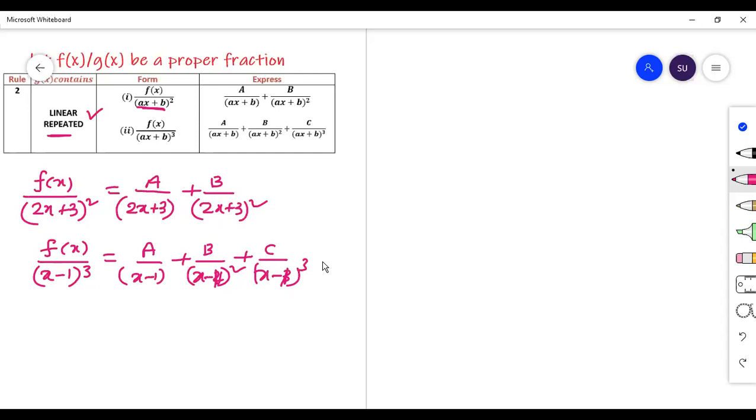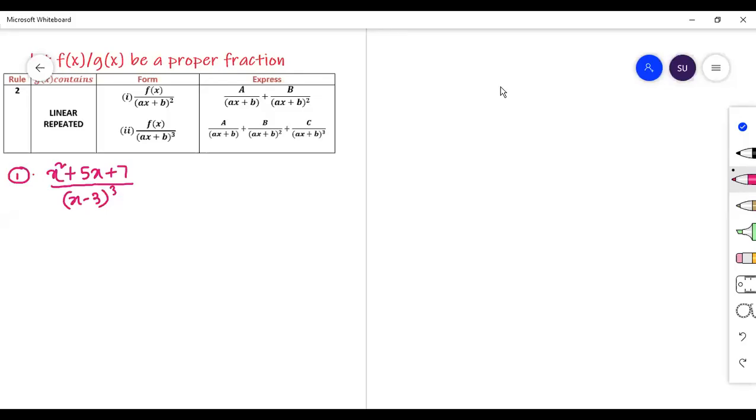So let us take an example and resolve it into partial fractions. Resolve x square plus 5x plus 7 by x minus 3 whole cube into partial fractions. Here we have x minus 3 which is repeated 3 times.